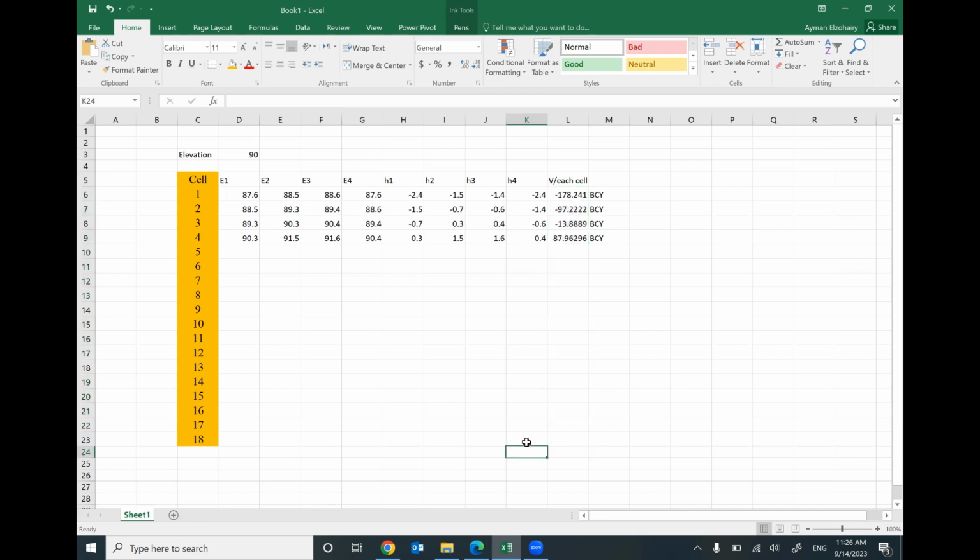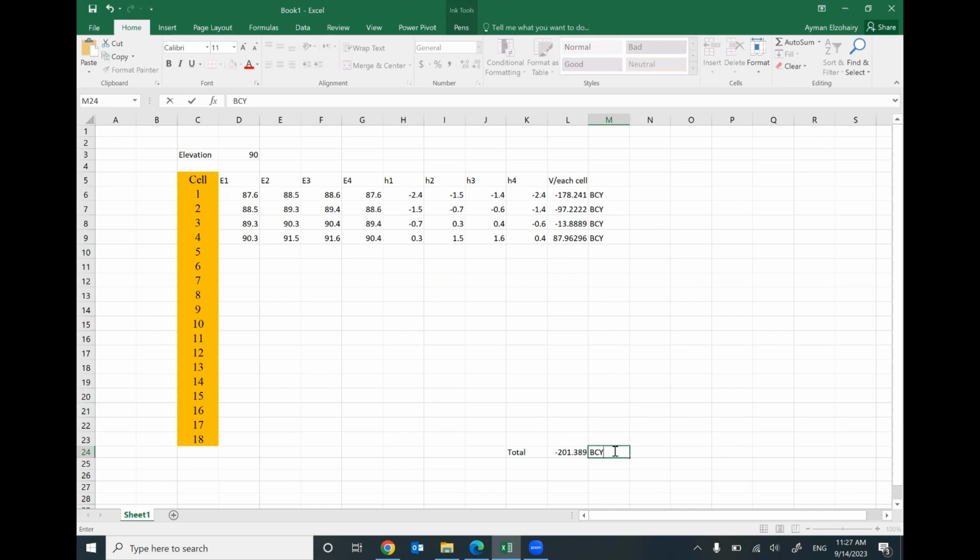By the end, I need to know the total volume of soil needed. I will say equal, the function called SUM, open your bracket. I will highlight all of the numbers in this column, then close the bracket and enter, and it will give you the final volume of soil needed, in bank cubic yards.